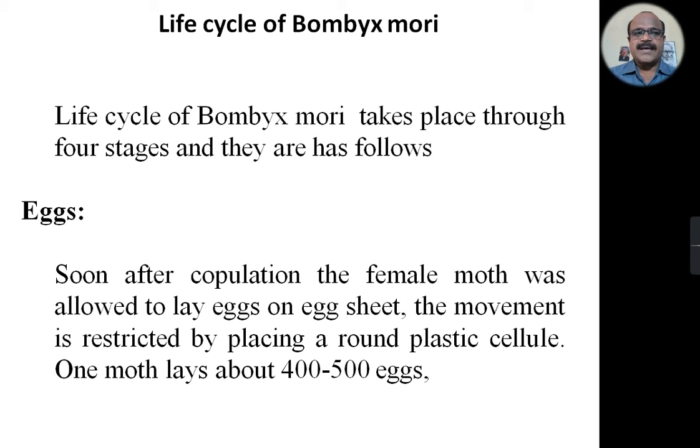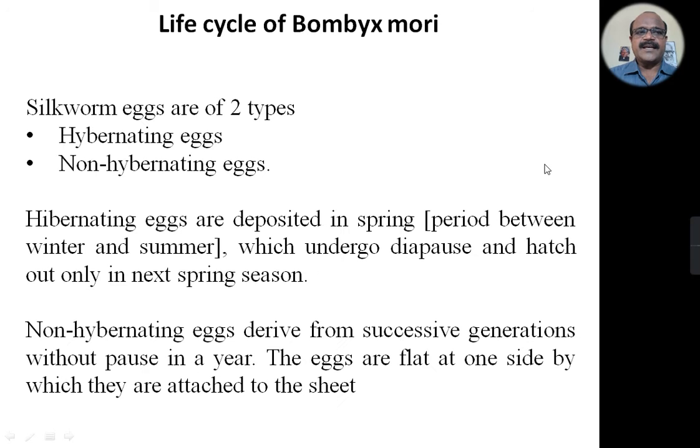One moth lays about 400 to 500 eggs, and these eggs are classified into 2 types: hibernating eggs and non-hibernating eggs.